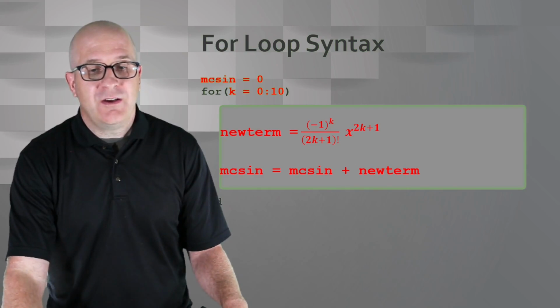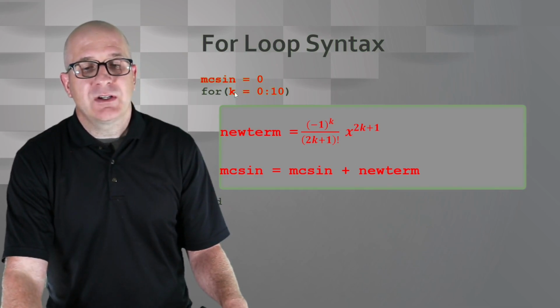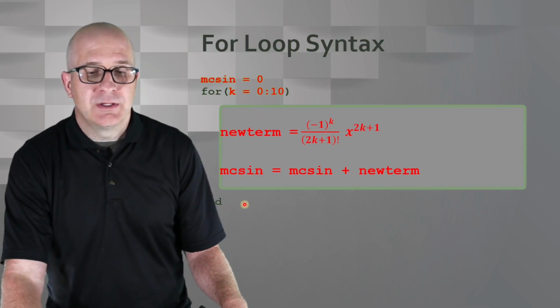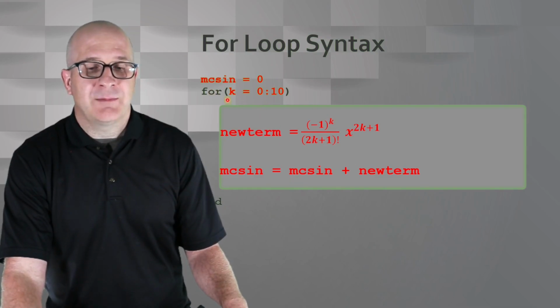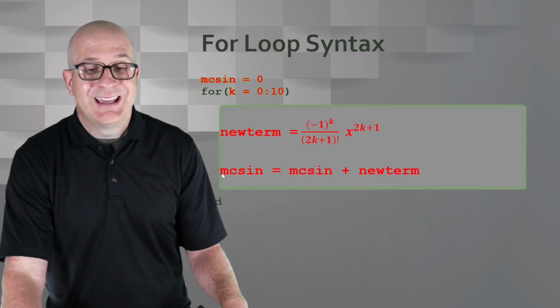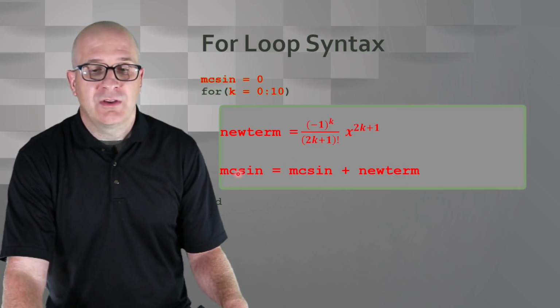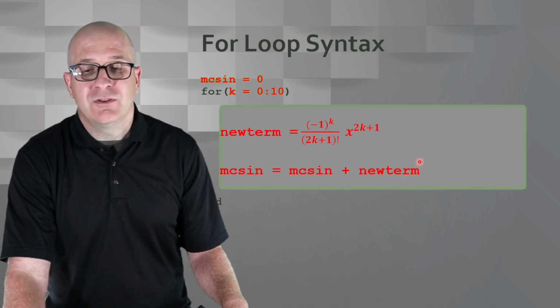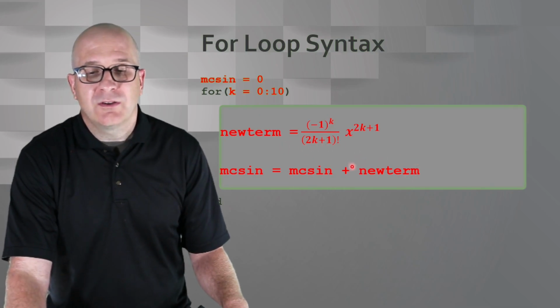So if I start off with a value of 0, I'm going to loop a number of times to approximate the sine by adding a new term to it each time. This is similar to counting by twos, but in this case, instead of the new term being 2, we're going to increment by a different value that is defined by the sine series that we showed you.